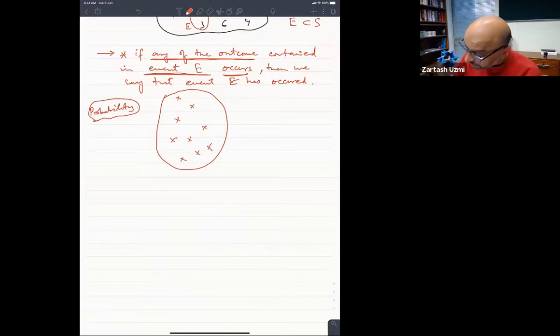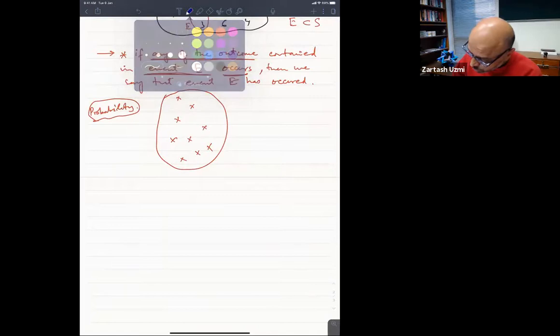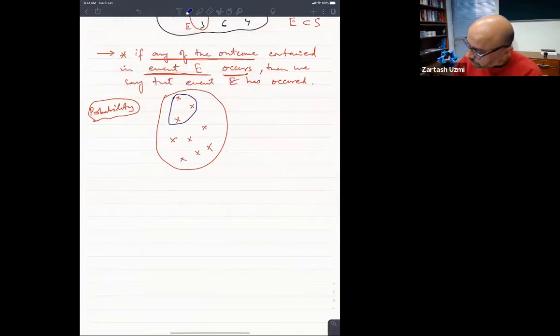Exactly one of these occurs. So मैं कुछ 3 events define कर देता हूँ. So let's say I have this event A, I have this event B, and I have this event C. A, B और C, ये 3 events मैंने define कर दिए हैं, ठीक है?